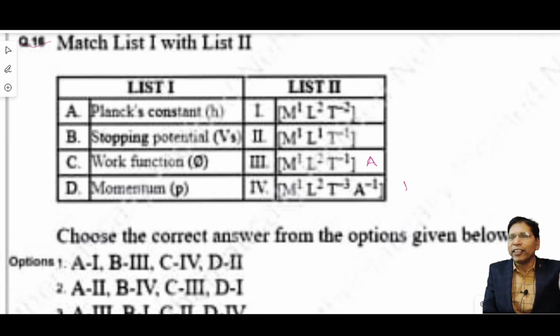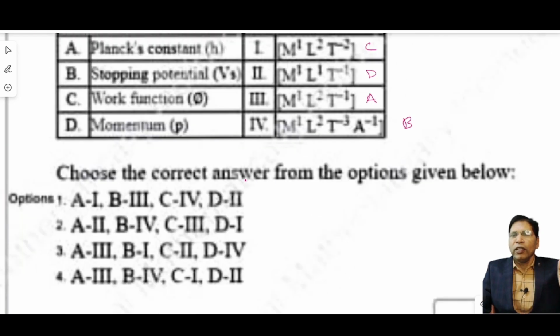This is B. Okay. Work function. That is the energy. This is C. And momentum, ML T minus 1. So this is D. Okay. Now A3, B4, C1 and D2. So option 4 is correct.